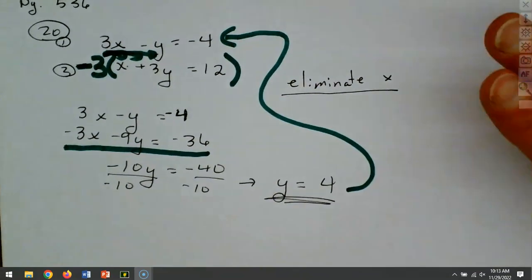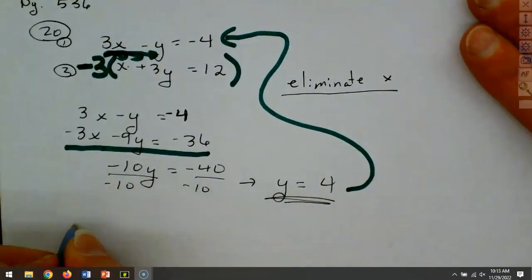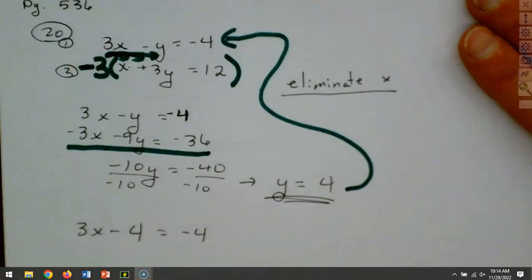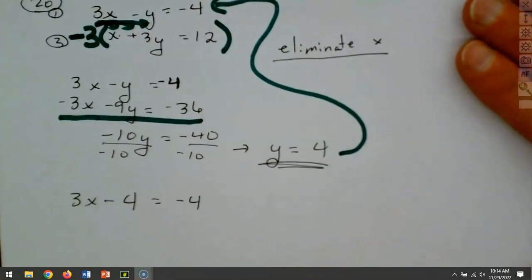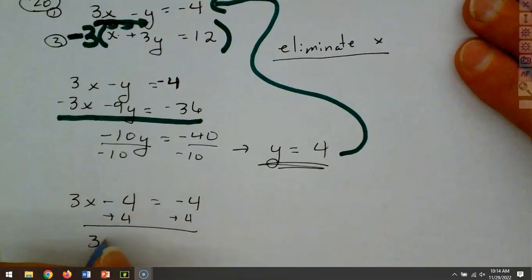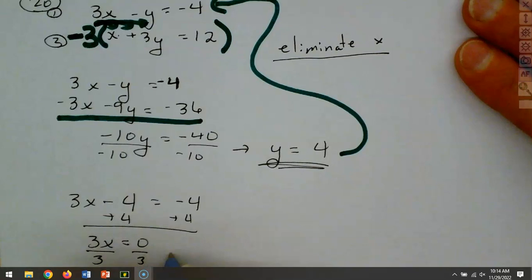Okay, so we're going to take that y equals 4 and plug it in. So now we've got 3x minus 4 equals minus 4. Okay, we'll add that 4 to each side. That gives me now 3x equals 0. We'll divide by our 3. And now we have x equaling what? 0.